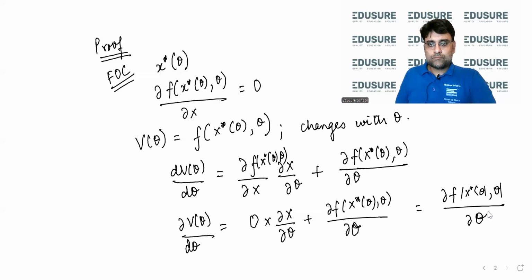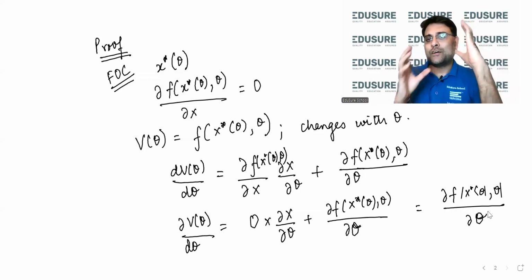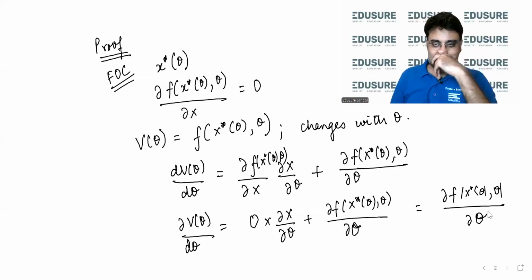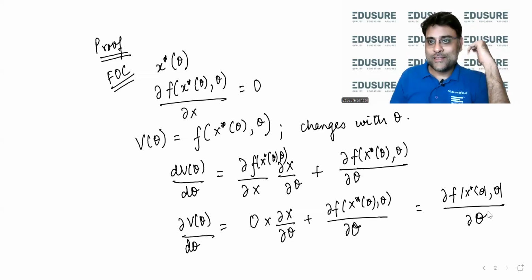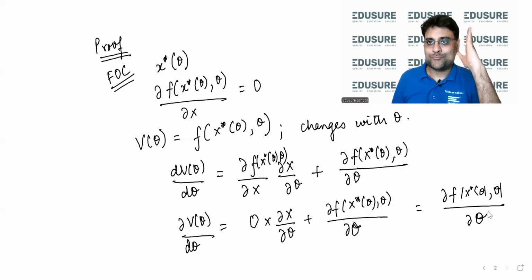Now this is the key result of the envelope theorem, that the change in the objective function's optimal value with respect to theta is simply del f del theta.